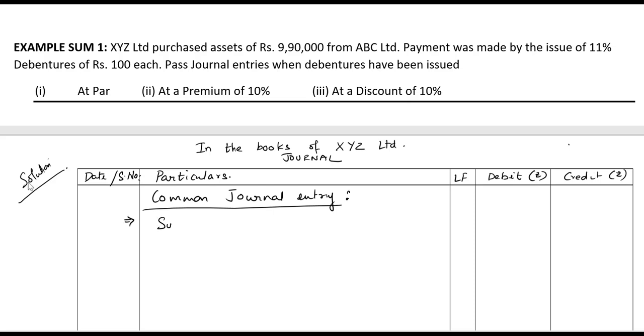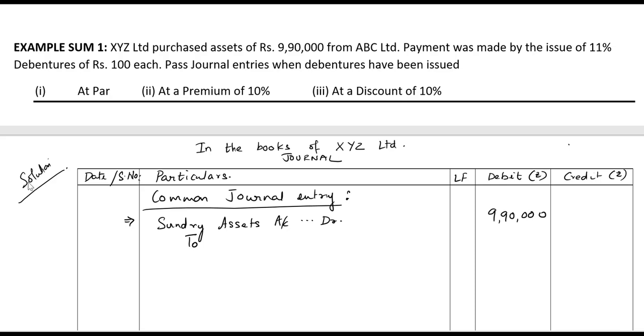Sundry assets account debit. The amount of sundry assets purchased is 9,90,000 rupees.